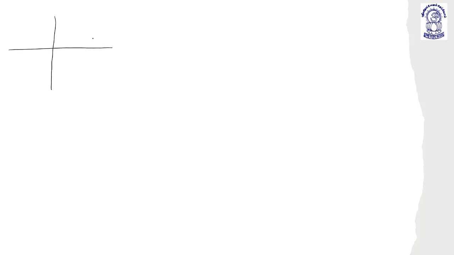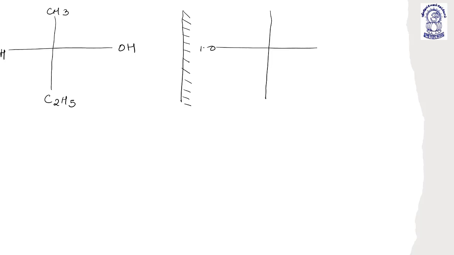Horizontal lines, they are towards viewer. Vertical lines away from viewer. OH, H, CH3, C2H5. As we know that enantiomers are the non-superimposable mirror images. OH, H. Okay.